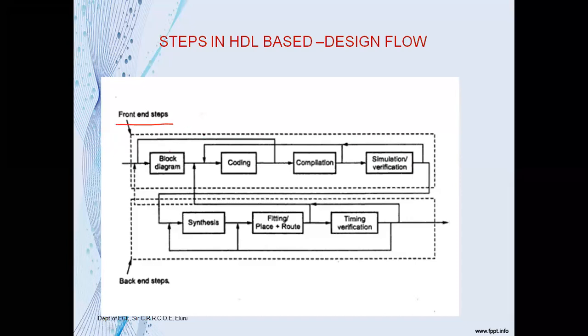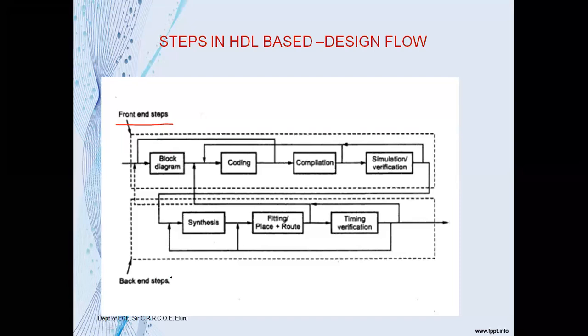Front end steps means you will describe your system in terms of the block diagram or truth table, and then you will write the VHDL code. Once you have written the VHDL code, you will compile it, and once the compile is done, you will simulate the VHDL code for the functionality verification. These are all called the front end steps.